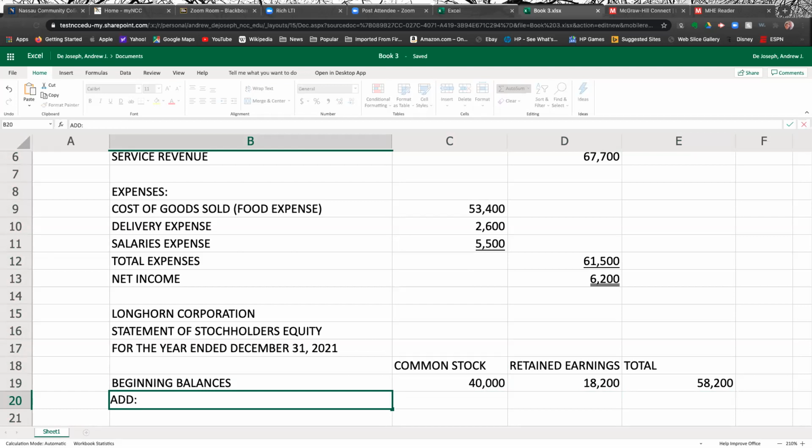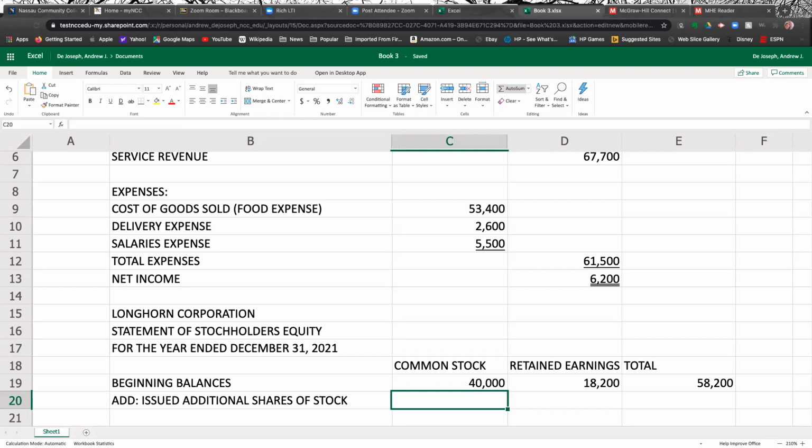We issued additional shares of stock. They've told us that they issued an additional $4,000 worth of stock.